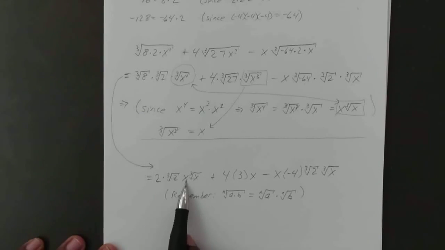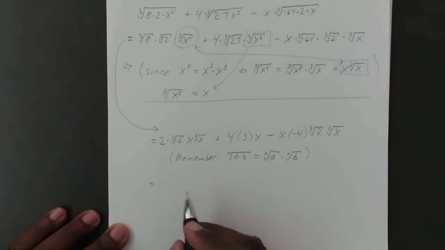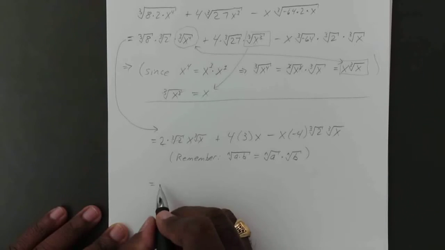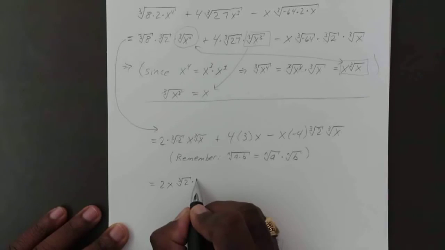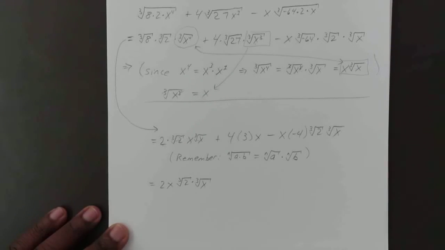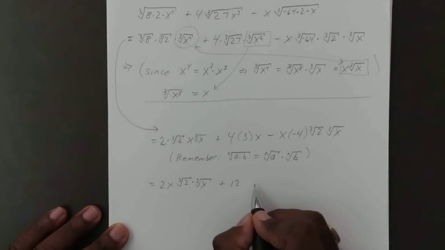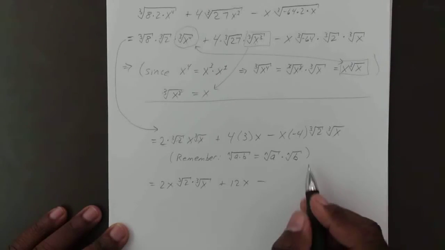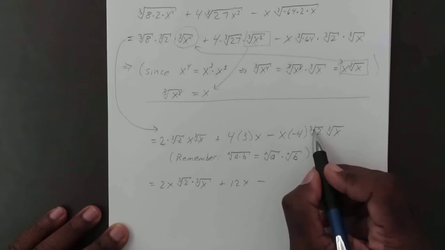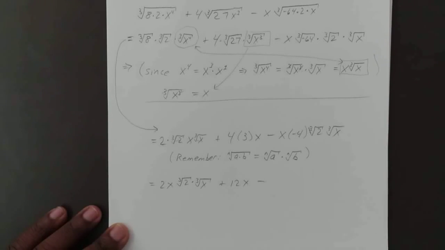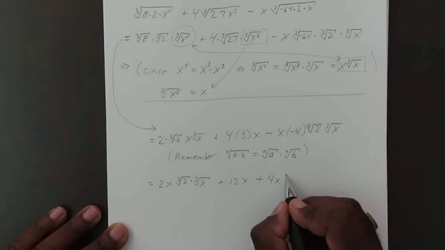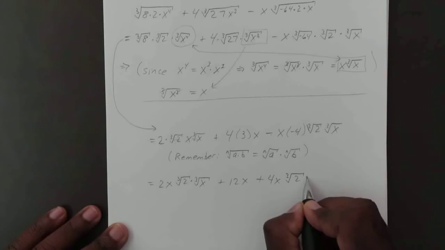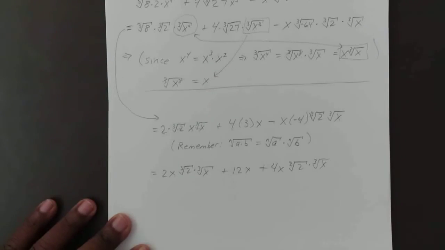Okay, so we have 2 times x, and actually I'll put that in one last step. You're just combining these two. Cube root of 2 times cube root of x. So plus 12x minus, well, that minus there becomes, we'll bring that up a little bit so it doesn't look like negative 4 cubed. Minus minus is positive, so you have 4x cube root of 2 times cube root of x.